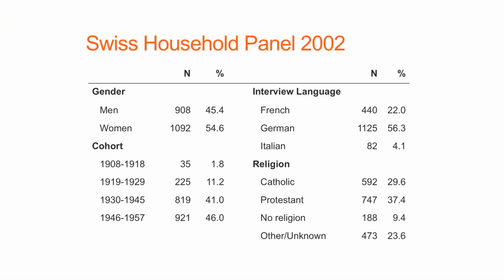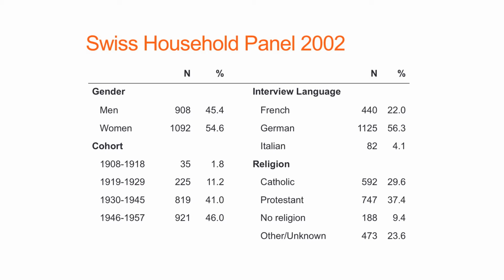So those are just some descriptive statistics about the sample itself. It was 45% men and 55% women. The respondents were born between 1908 and 1957. So I divided them up into 4 age cohorts: from 1908 to 1918, 1919 to 29, 30 to 45, and 46 to 57.